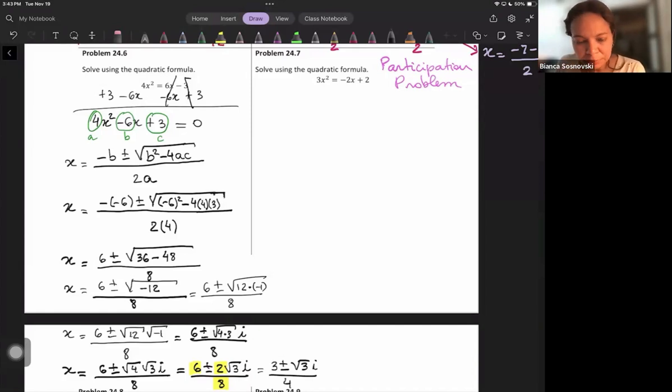So now all the requirements for a simplified form of the answer are there. The square root is simplified. The multiple of i, to remove the negative sign from inside, is also simplified. And also, I reduced the fraction to lowest terms by dividing all the coefficients, meaning the numbers outside any kind of root. We divide them all by 2. So that's how I got 3, 1 in front of the square root of 3, and 4 on the bottom.